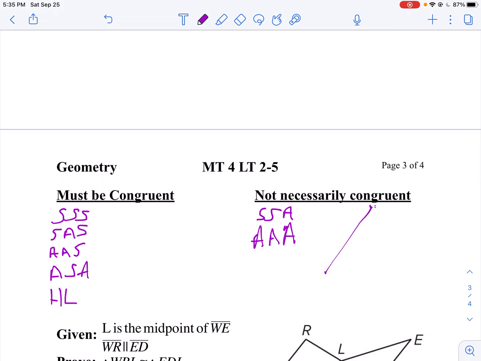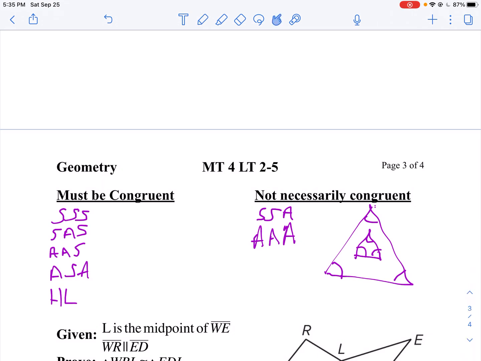So I'm going to try to draw an equilateral triangle here. So we know all 3 angles are the same. They're all 60 degrees. Well, inside this one, I'm going to draw another equilateral triangle. You can definitely see they're not the same, are they? They're going to have the same angles. They're going to look alike, but they're not going to be the same size. One's a dilation of the other.